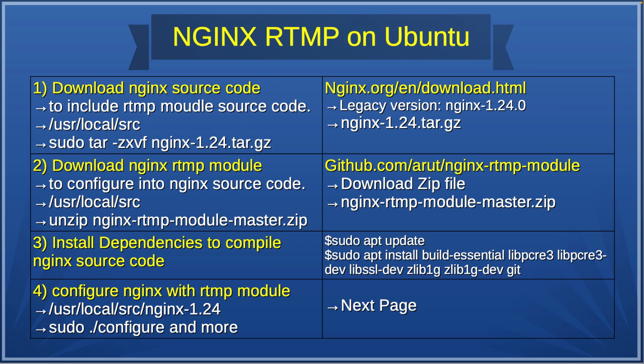Okay, first of all, download the NGINX source code. Go to nginx.org, en/download.html, or you can just search "download nginx" on Google. Recently I figured out that NGINX versions 1.26 up to 1.29 and 1.31 are not available to include the RTMP module.